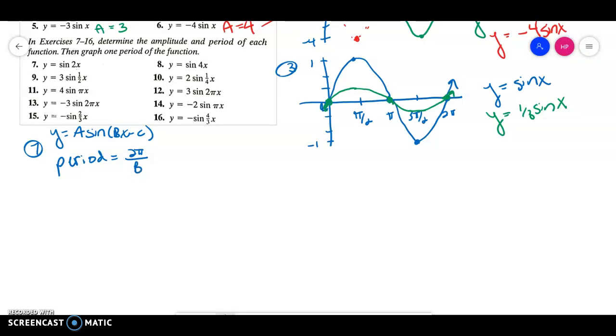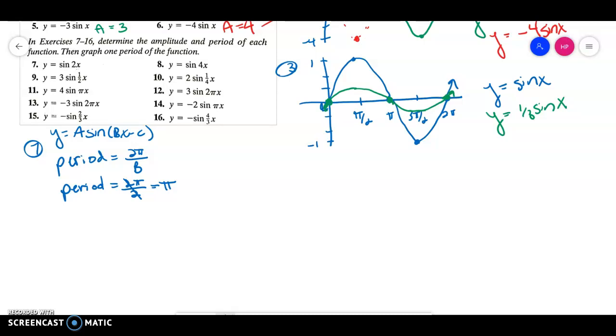And so for number 7, that means that my period is equal to 2 pi divided by 2, which reduces just to pi. So if I were to take a look at this graph, I would see the entire sine curve between 0 and pi. If I looked between 0 and 2 pi, I would show it happen a second time instead of just once. And so that is squishing it.